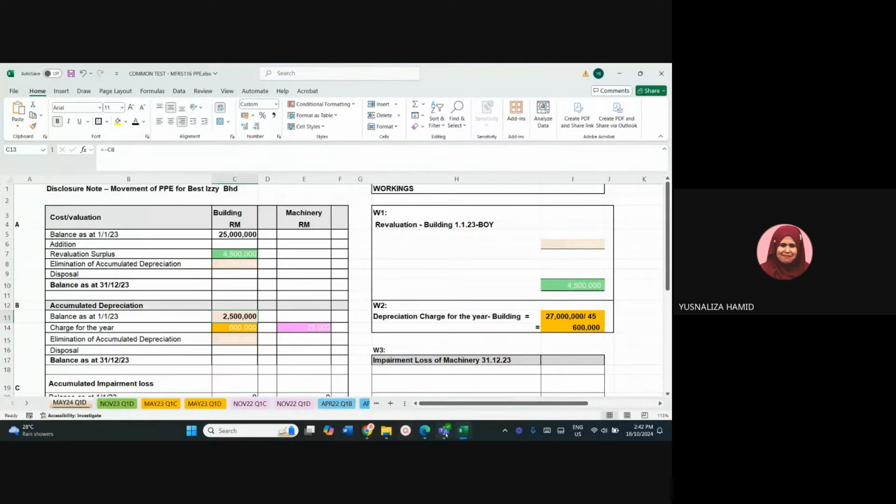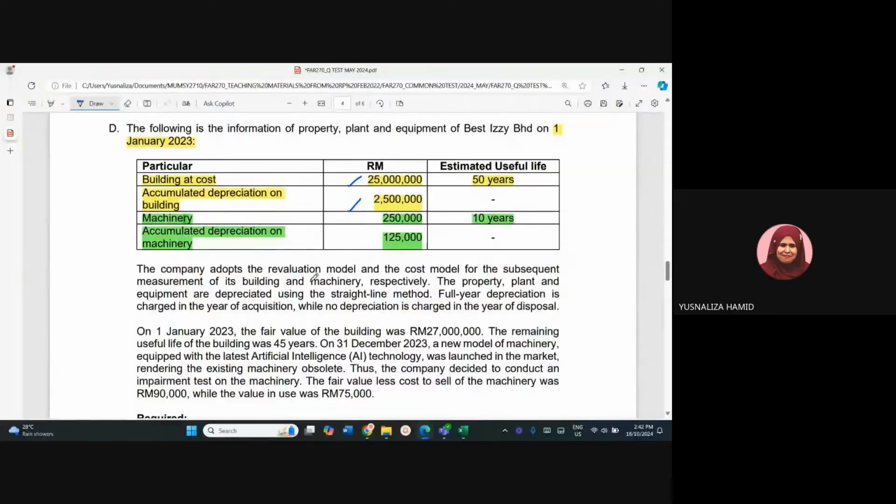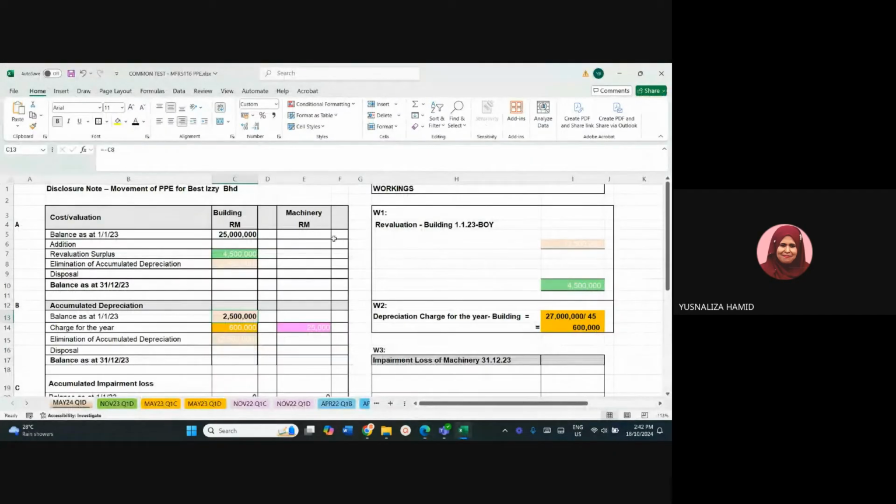Second, you will do the same for your machinery. You have 250,000 for the cost, and accumulated depreciation of 125,000. So transfer these two amounts to the correct column. For machinery, in the first row, balance at the beginning of the year, which is the balance as at 1st of January 2023, you put the cost, and the accumulated depreciation given in the question.